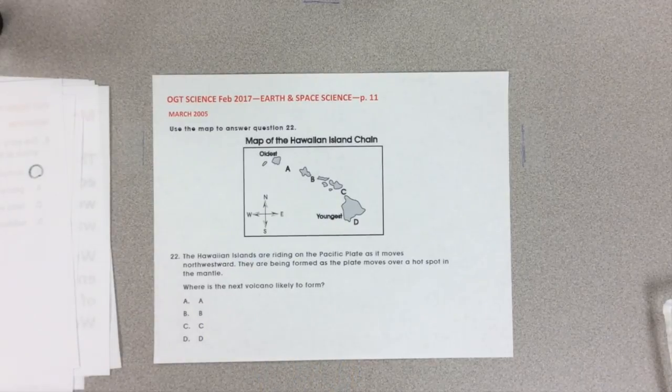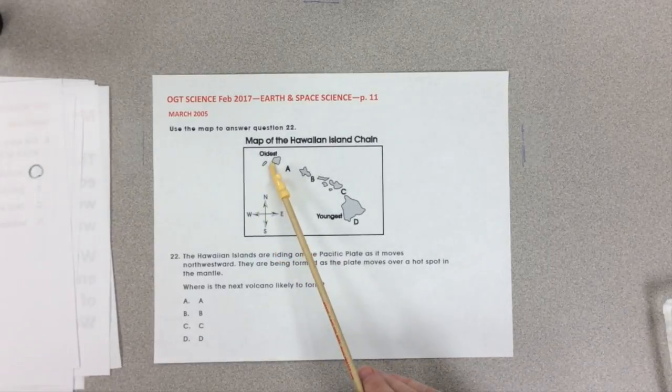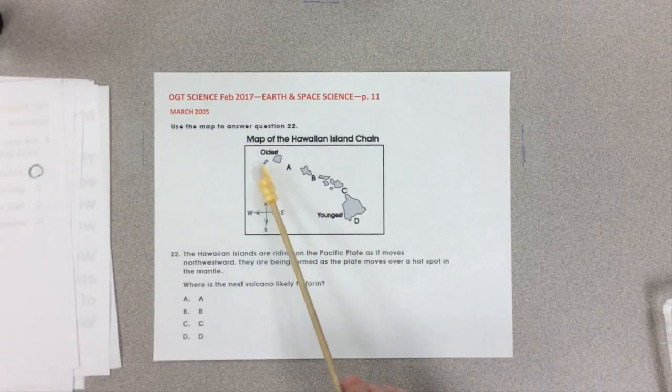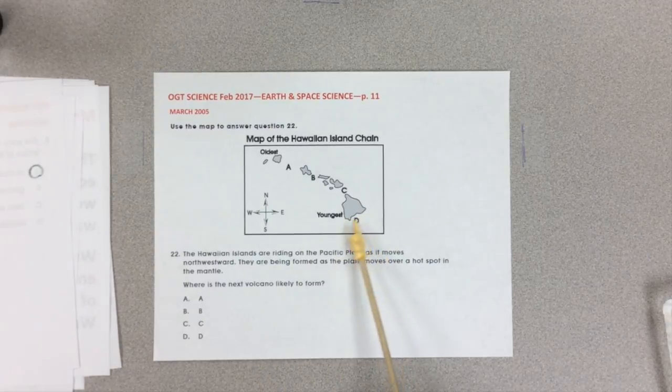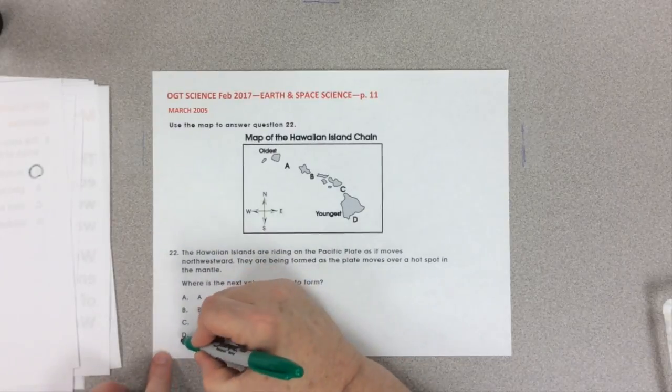Okay, so this is what happens. The volcanoes, they get through to the surface. So that's what's forming the islands. So if you notice carefully in the map, this is the oldest and this is the youngest. So if they're still being formed, we would expect the next volcano then to be in Area D, where they are being formed.